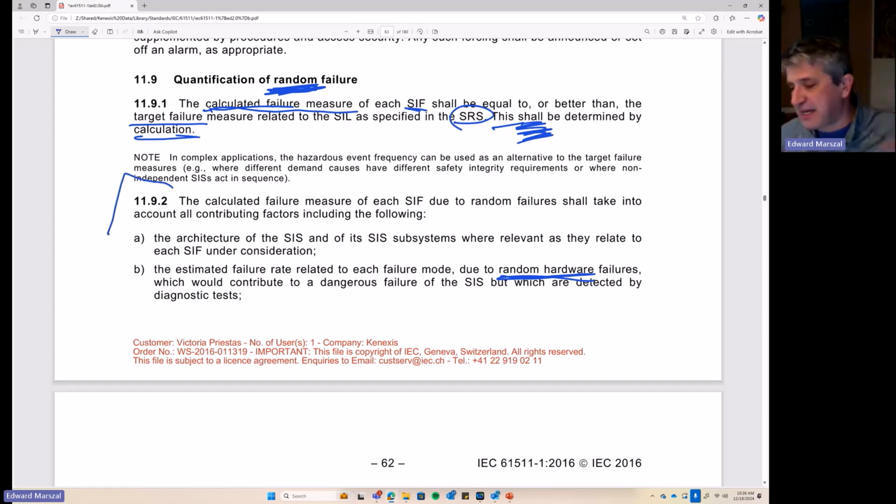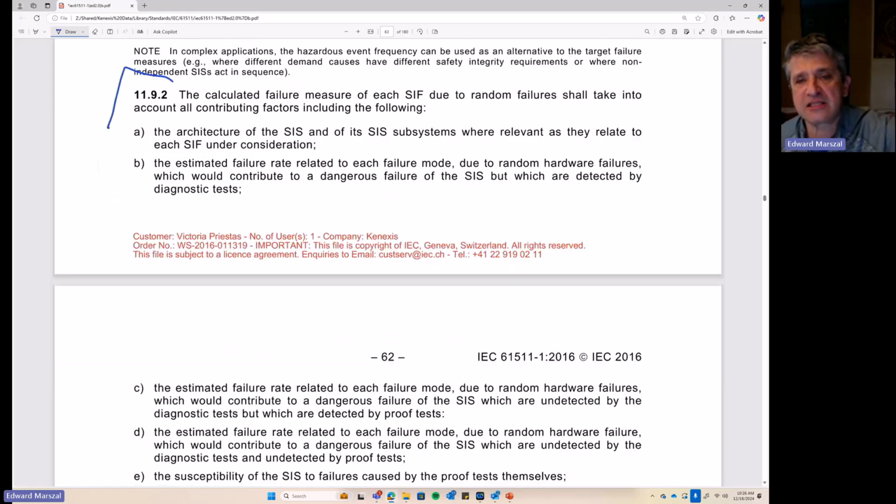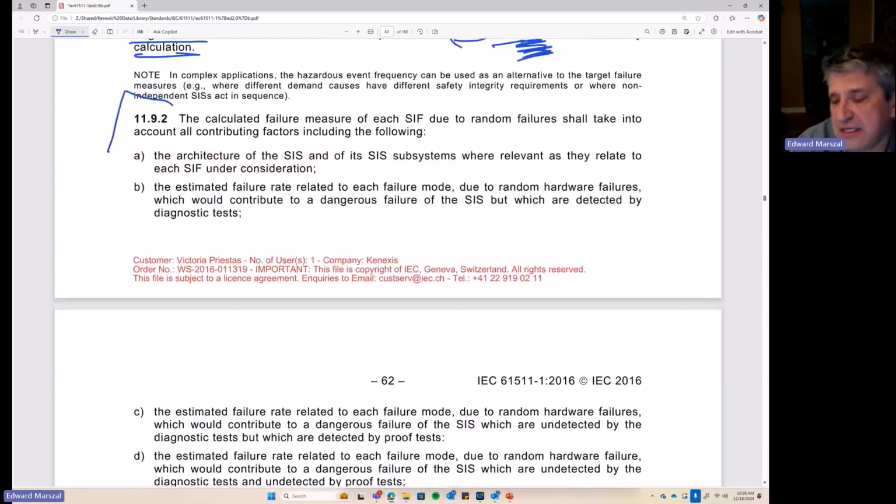11.9.2 says, given that I need to do this calculation, what do I need to include in my calculation? 11.9.2 is giving you a list of things you need to include, but it doesn't actually tell you how to do the calculation.